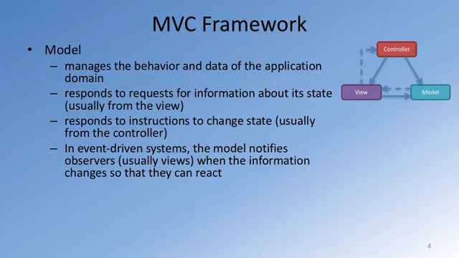The model also will respond to requests for change of its state. This is usually done through the controller. In an event-driven system, the model also can be configured to notify observers. So views can register themselves as observers for the model, and so when the model is updated, the views will be automatically triggered to update themselves based on the change to the model state.